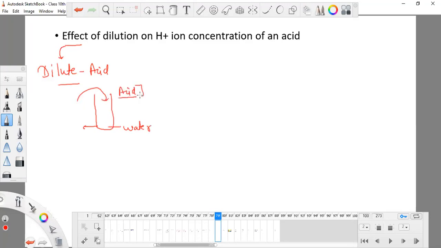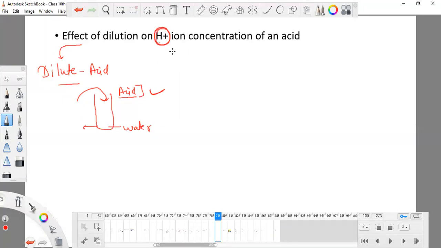Okay, now this is the correct way, but just for making an example, I'm changing the way a bit. So if I'm diluting this acid, now what happens to H plus ions here?